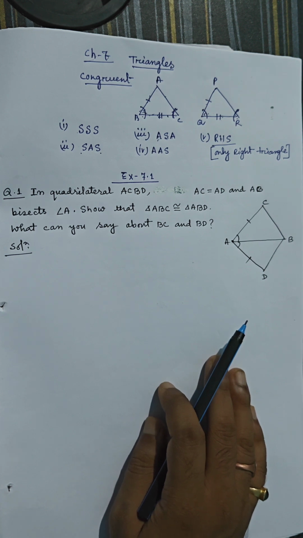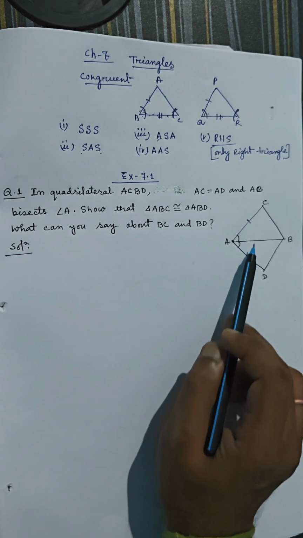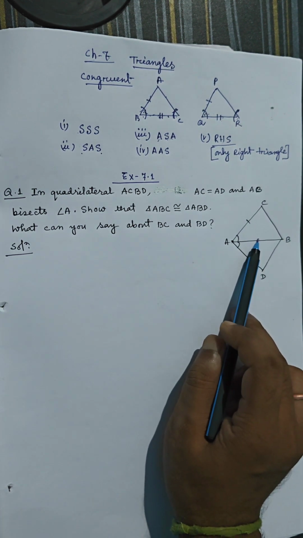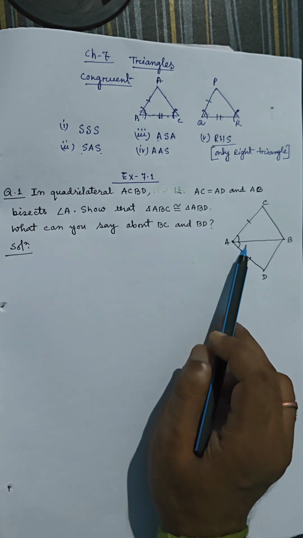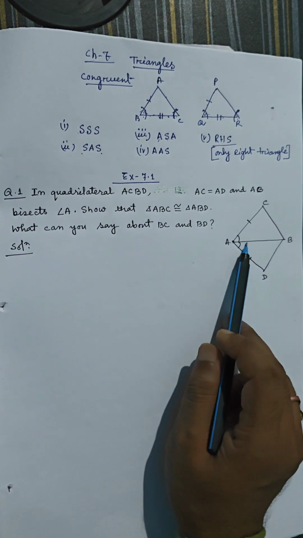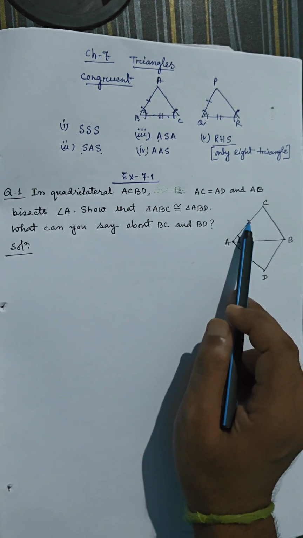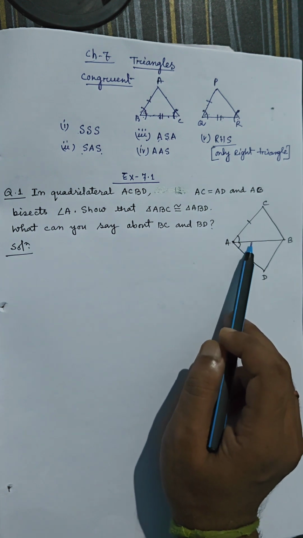So see, this side is equal to this side, this is the common side, and these two angles must be equal since AB is the bisector. So we can apply here SAS.